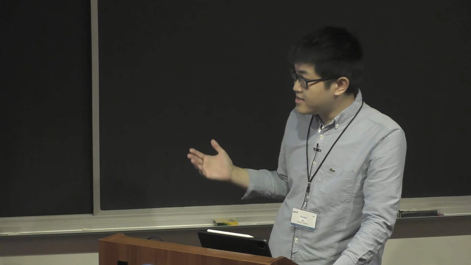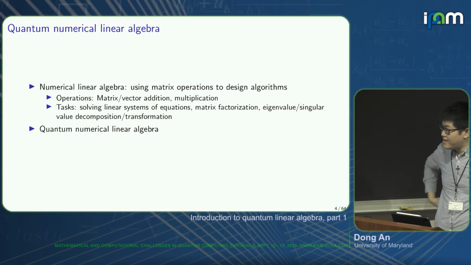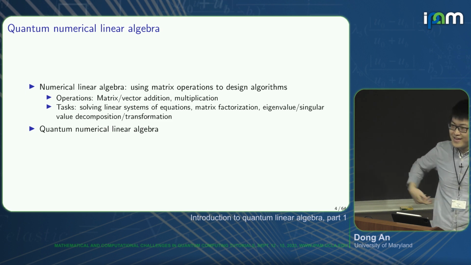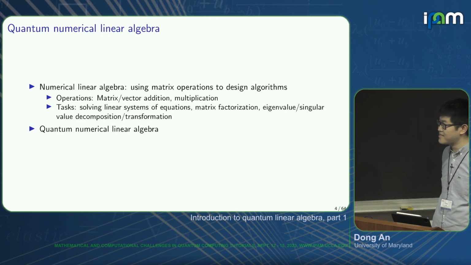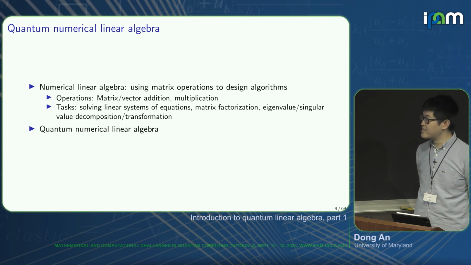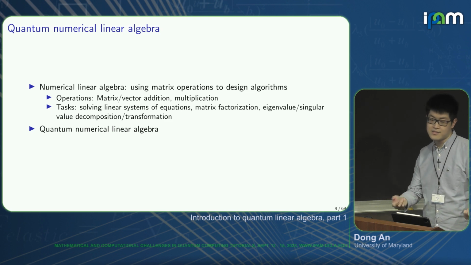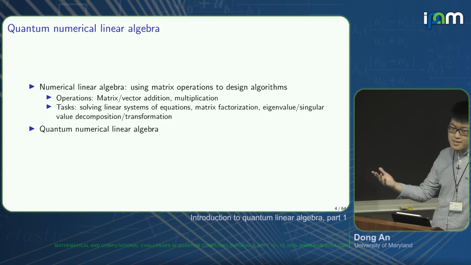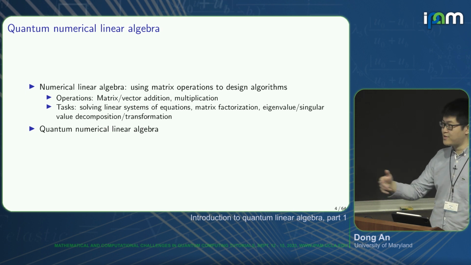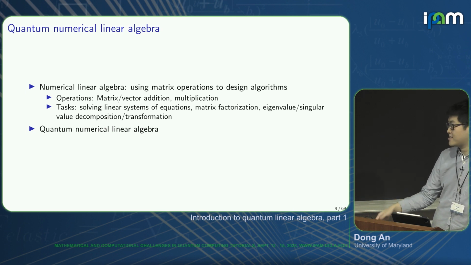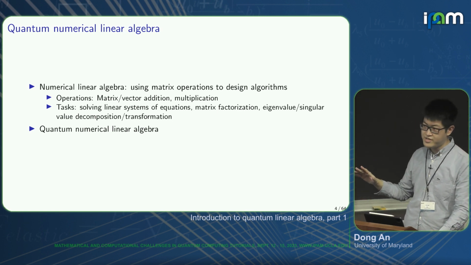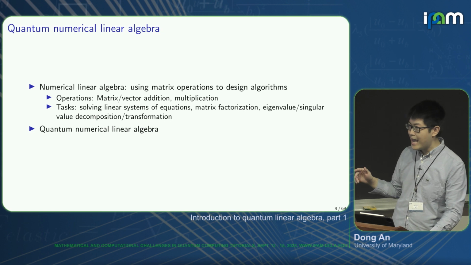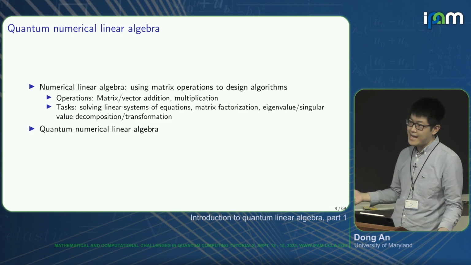The topic is quantum numerical linear algebra. Let me start with a high-level introduction on what numerical linear algebra is. Classical numerical linear algebra uses matrix operations to design algorithms. For example, we can use matrix multiplication, matrix-vector multiplication, addition, or other floating-point operations, and our goal is to design algorithms for tasks in scientific computing.